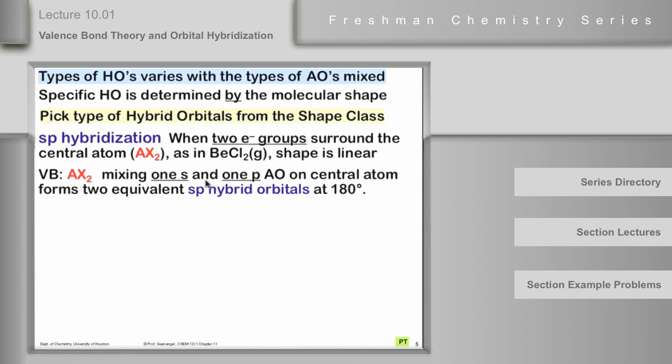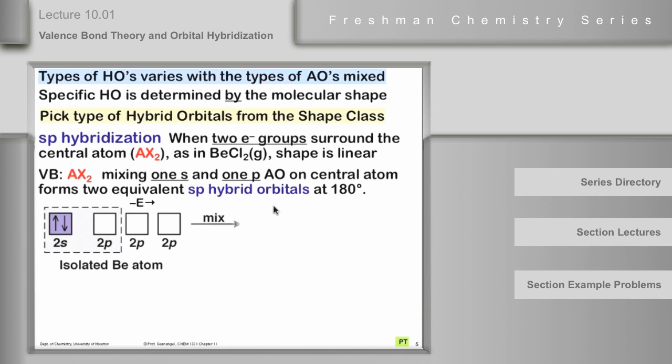And when you do the mathematics, and it's pretty easy, I don't think there's anyone in this room who couldn't do the mathematics if it was needed and we had time to devote to it, you get the orientation of these two sp hybrid orbitals to be 180 degrees. We can see it pictorially. I'll show it to you in a minute.